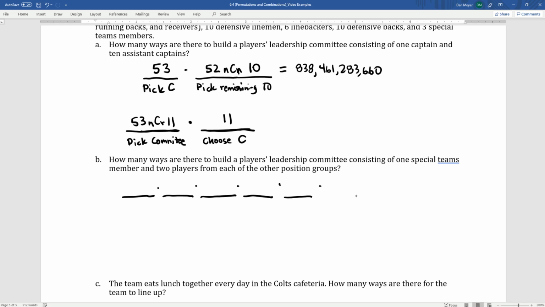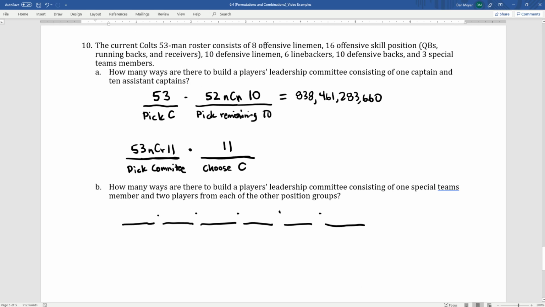Now, I'm not going to label each of these because it would take too long, but if we just go by position group, I think there's 8 offensive linemen, so we have to pick 2 offensive linemen from the 8 available. And we're just choosing them. We're not assigning them roles. We're just selecting them. We're not arranging them. So that's why these are combinations. A combination by groups.